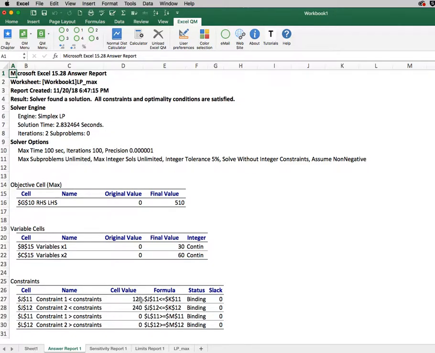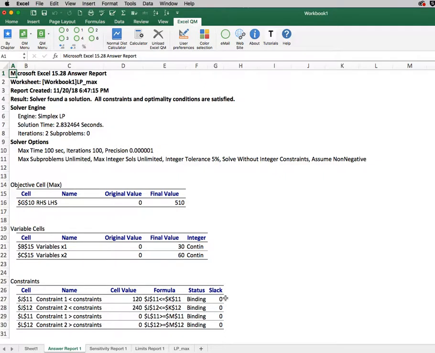In other words, I've allocated, let's say, 120 hours to constraint 1. I allocated 240 to constraint 2. And you can see here with our optimal solution of 3060, I have 0 and 0. That's telling me that I've used up 120, I've used up 240 in my production.